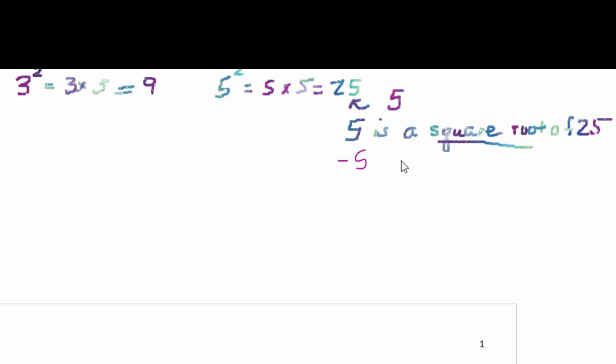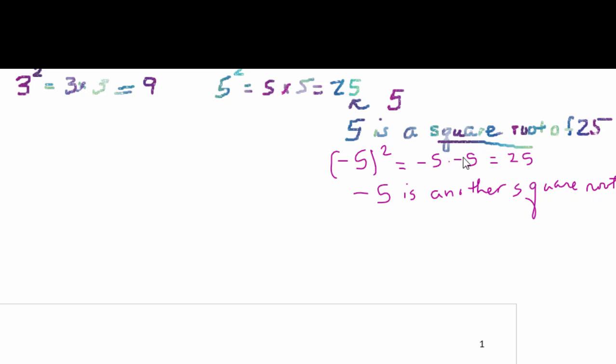So if you remember that -5 squared, parentheses is critical, as you know from using your calculator, -5 squared is -5 times -5, that also gives us 25. Then we're allowed to say that -5 is another square root of 25. So we have 2 square roots for 25. We have 5 and we have -5. Both of those numbers can be squared to get positive 25, right?